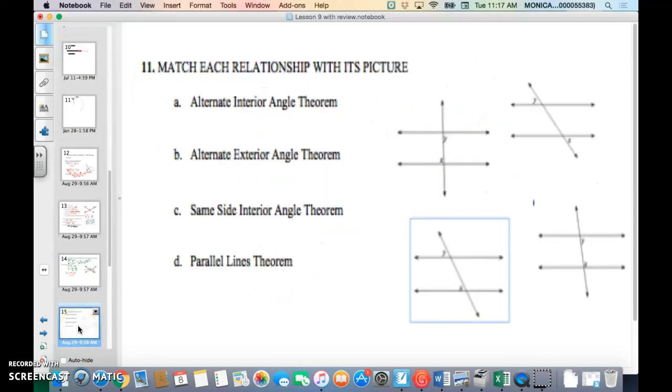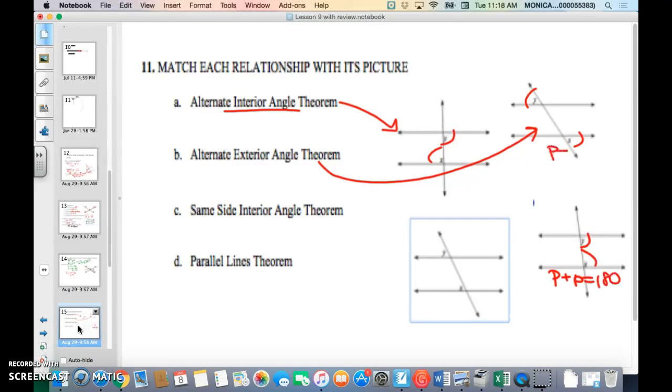Number 11, you're going to match each relationship with its picture. Okay, so alternate interior, that's going to be here and here. So this matches here. Alternate exterior, well, that's on the outside. They're on the outside of the parallel lines, so this one goes here. Same side interior, this same side, and remember this is part plus part equals 180.